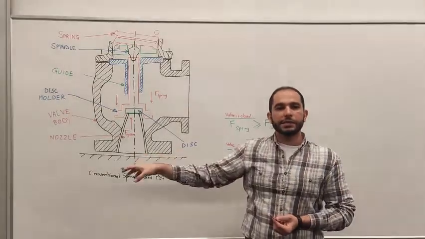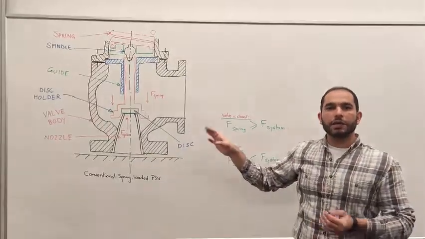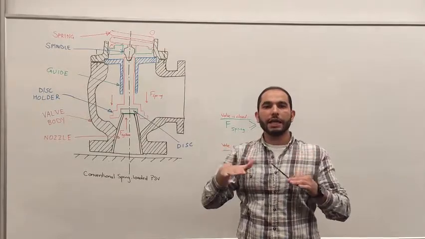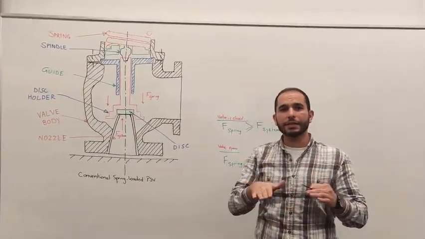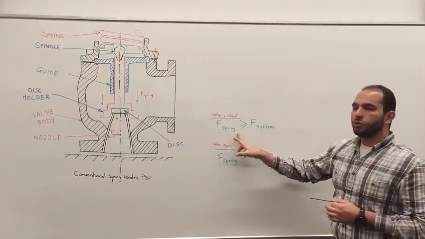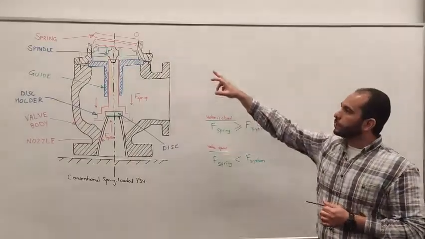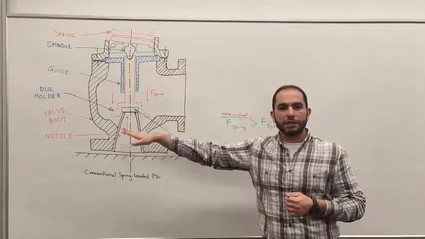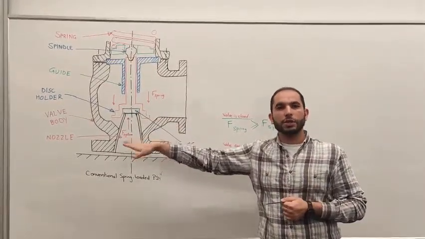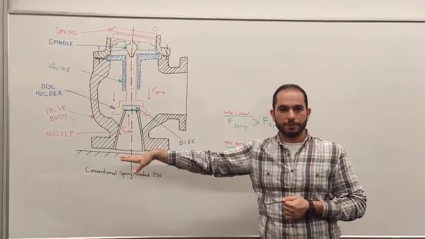After the excessive media gets out of the system, the pressure is regained back to the original operation design pressure, and in this case the spring is able to exert a force on the disc and put it back into the closed position.